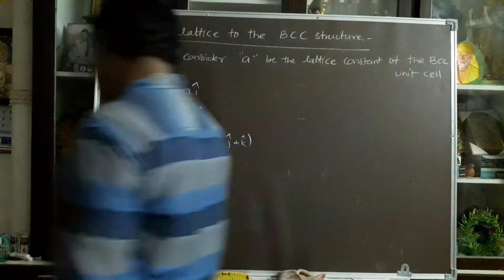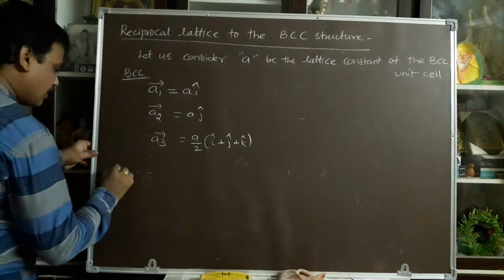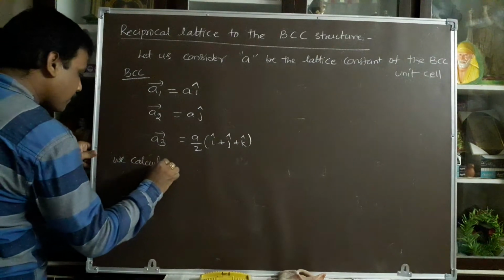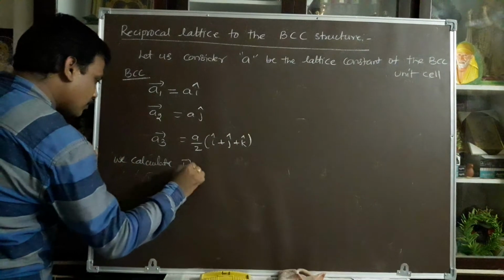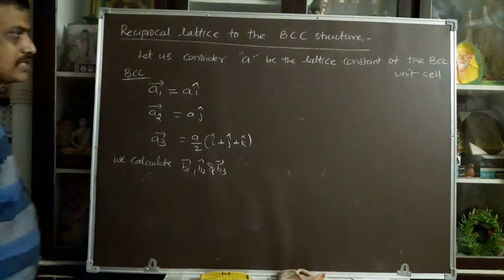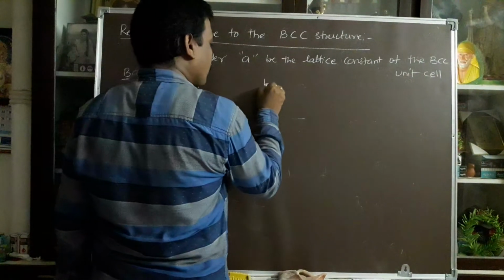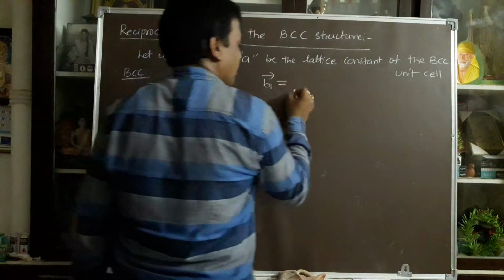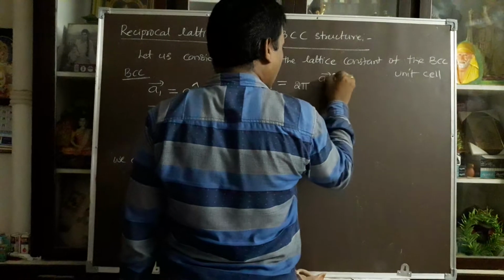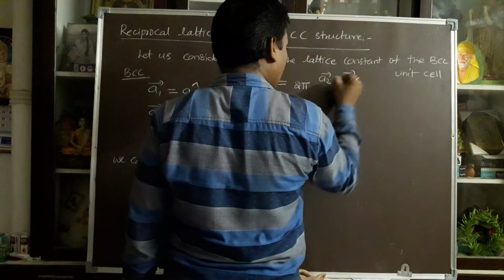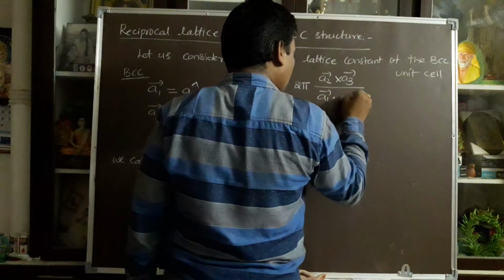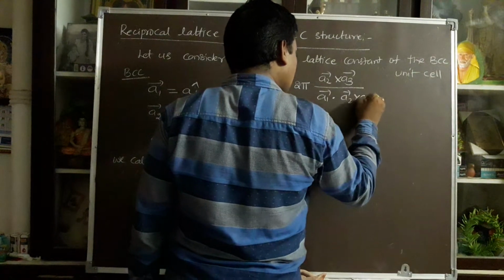From the reciprocal lattice point of view, we can calculate B1 bar, B2 bar and B3 bar. First I am calculating B1 bar. What is the formula for B1 bar? 2 pi into A2 bar cross A3 bar divided by A1 bar dot A2 bar cross A3 bar.